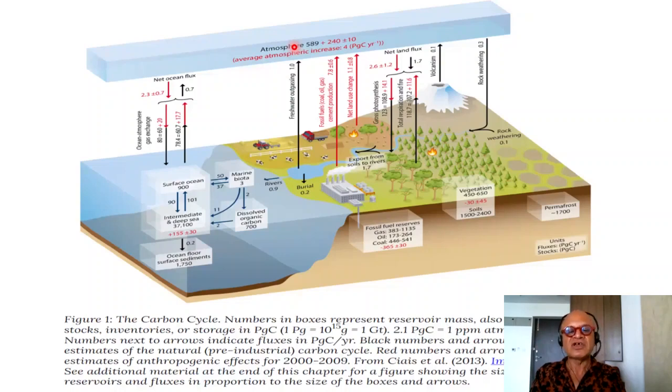I will show another figure next, which shows that this number in the atmosphere keeps changing because we are constantly increasing the amount of carbon, CO2 in the atmosphere. But nonetheless, here we are looking at a flux of plus 240 plus minus 10 petagram carbon per year. So the average atmospheric increase is about 4 petagrams carbon per year. So each year you look at this, it's going to look different.